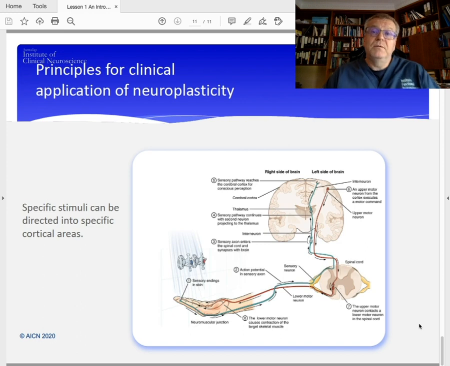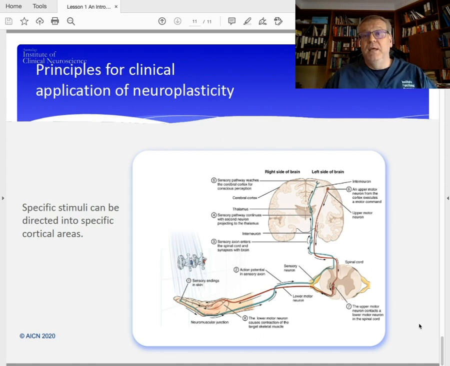And we do this by starting with the basics. So we have to understand how the nervous system works and how the brain works. And to do that, we have to go right back to the basics, and we have to understand how neurons work. We have to understand the neurophysiology of neurons. We have to understand the anatomy of neurons. And then we go even wider and understand the connectivity inside the nervous system and the neuroanatomy that's necessary.